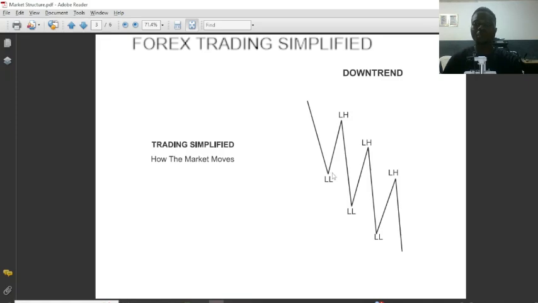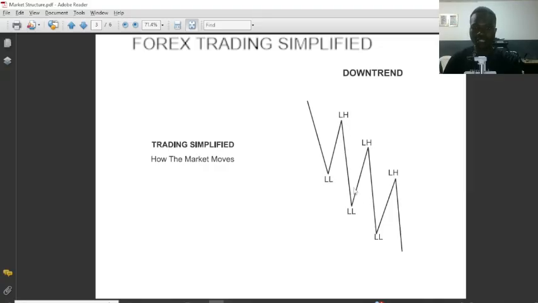So at a point in time, when the sellers sell the market down, the buyers will overthrow the sellers and reverse the market a little bit. Thereby, the sellers will still have more power at hand to push the market downward. So that is when we'll have a lower low, lower high.